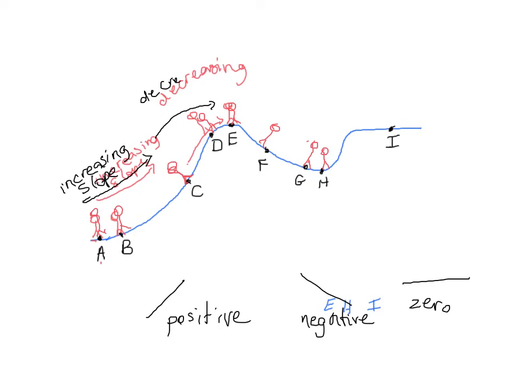So we have decreasing slope. From A to D, and almost right before E, we have positive slope. So I'll just put a plus sign there for that. Now, right after E to right before H, we have a negative slope.